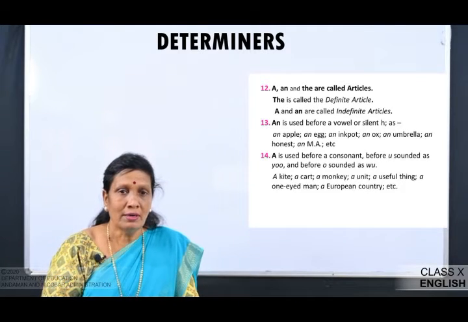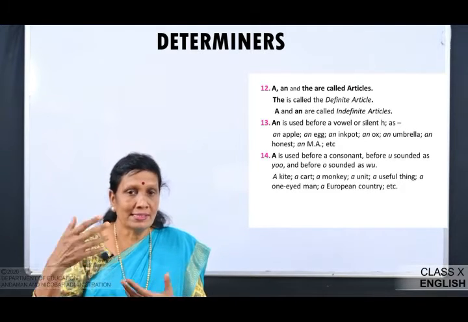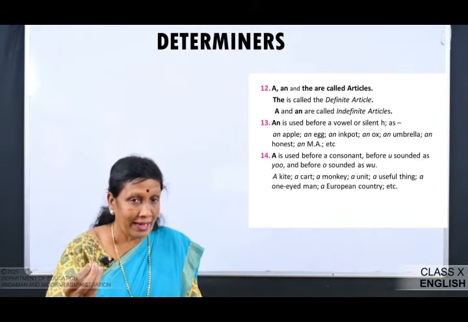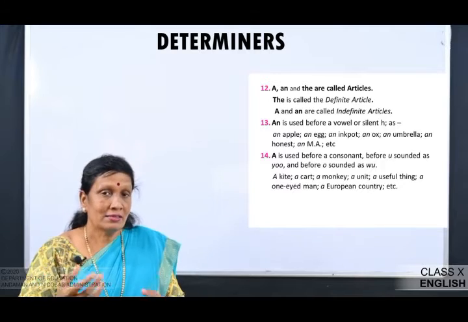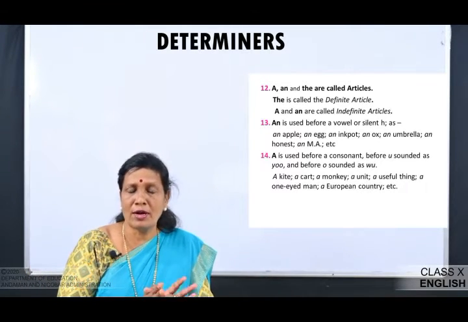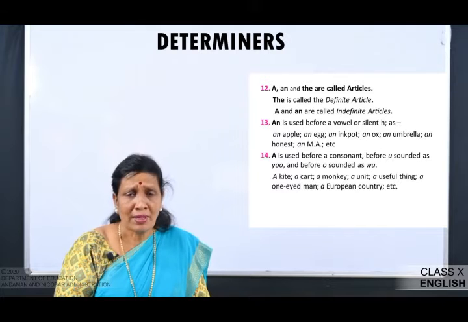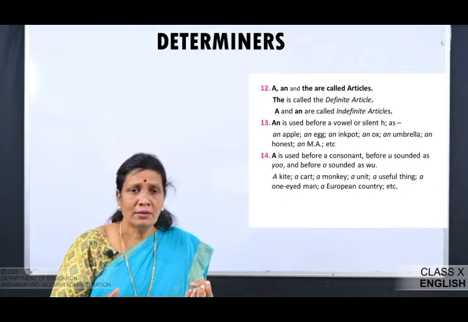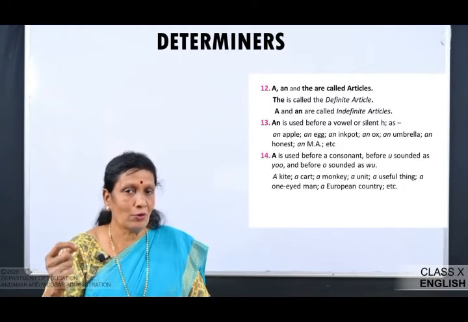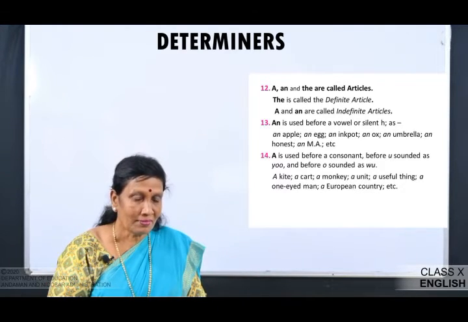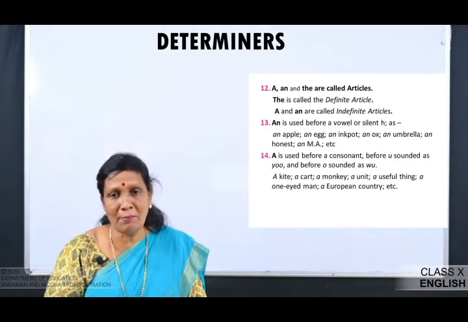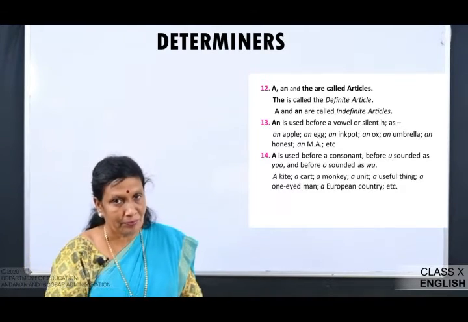Okay, children, we'll be discussing also the use of an, as you might have learnt in your primary classes or upper primary classes about articles, and you might remember the use of an with the vowels A, E, I, O, U. So normally you think of the example an umbrella.